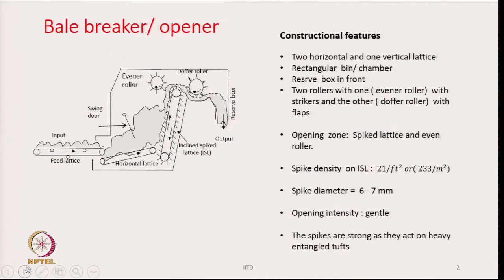And if we look at the structural features of the machine, what we see is there is a feed lattice over here and there is a horizontal lattice. And then third, there is a lattice called the inclined spike lattice, and this lattice is inclined.